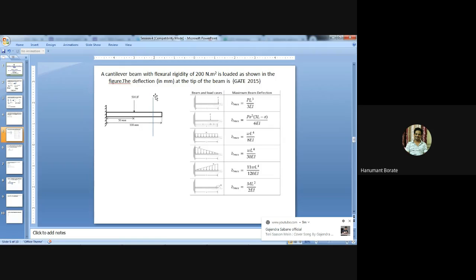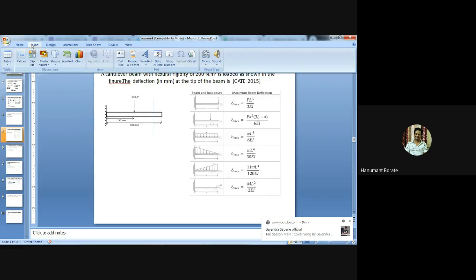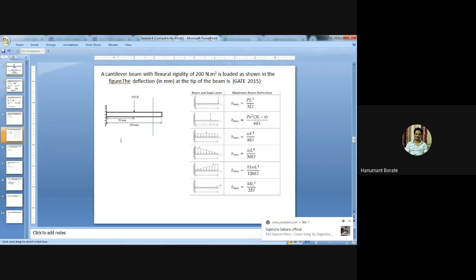Or we can also solve by our conventional method, but it will take time. So please go through this formula. This formula is applicable for the standard cantilever beam. So we'll solve by using this formula for delta max. I will write here: maximum deflection equals P A square, where our load is 500 Newton.